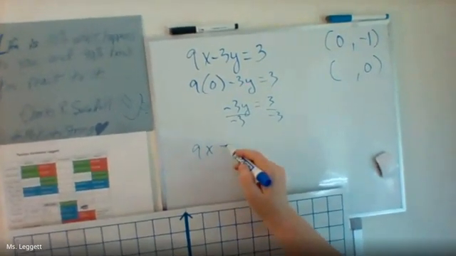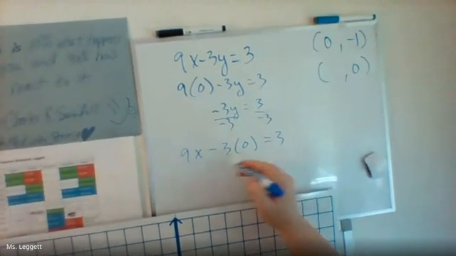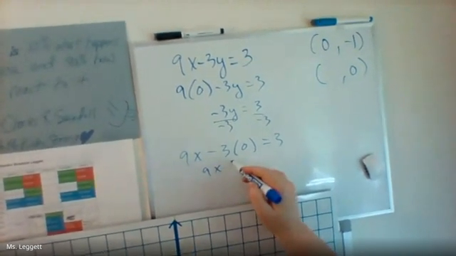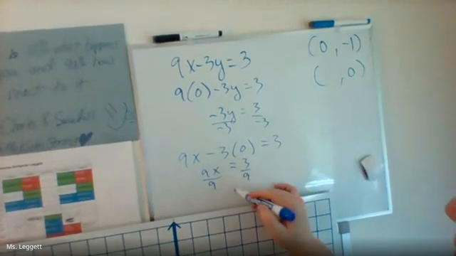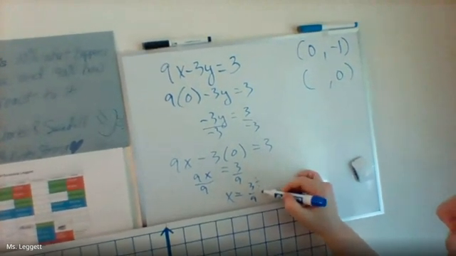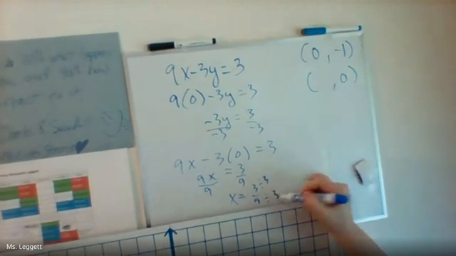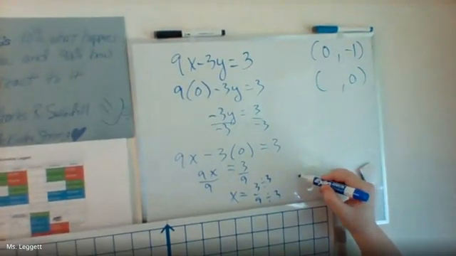So 9x minus 3 times 0 equals 3, right? 9x equals 3. I have to divide by 9. So x equals 3/9. However, we're going to simplify it again. Divide by 3. So x is actually 1/3.